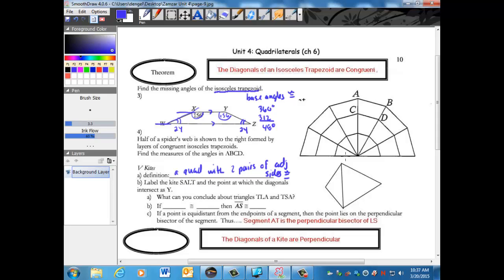Okay, so how I show that is these sides are considered adjacent sides. They're side by side, and these sides are considered adjacent sides. Okay, so that's what I know from the definition of a kite. These two sides will always be the same. These two sides will always be the same length. They want us to label this kite SALT, so we're going to put S at the bottom, A, L, and T.